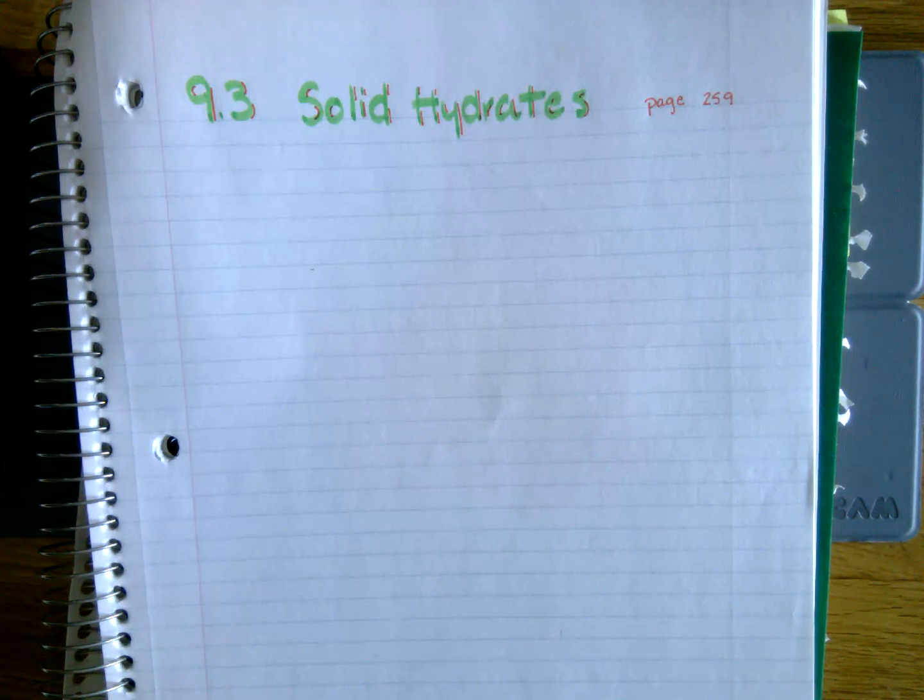So we're going to get started with Section 9.3, which is solid hydrates. Some ionic compounds attract water strongly enough to hold onto water molecules even when crystalline, forming what are called solid hydrates.